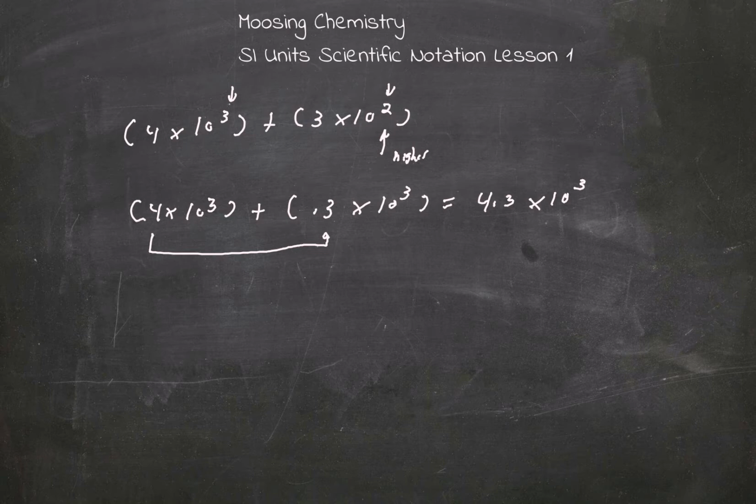Okay. So let's look at one more on this one here. Let's say this problem. We have 9 times 10 to the second plus 1 times 10 to the fourth. Okay, so we're going to want to make this one higher.